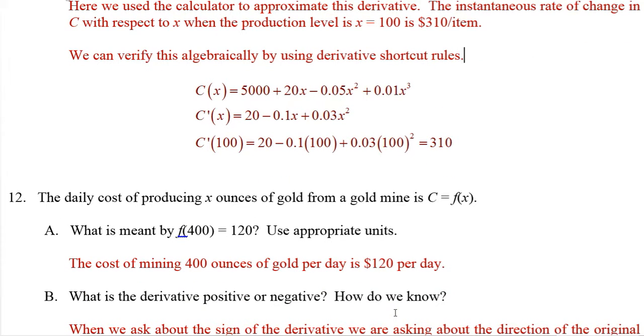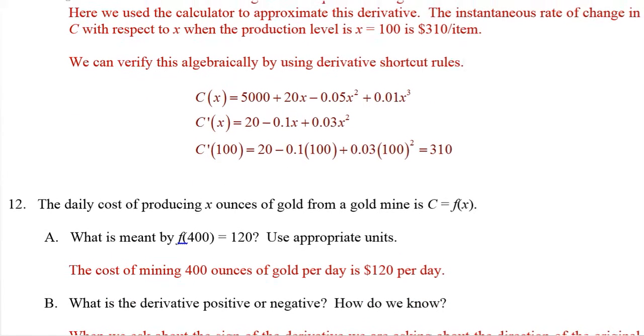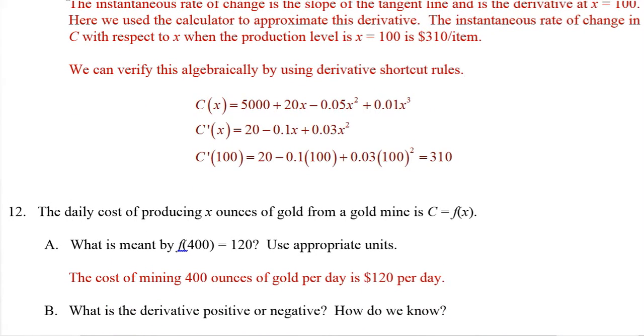Is the derivative positive or negative? How do we know? Anytime we ask about whether the derivative is positive or negative, we're asking about whether the original function is increasing or decreasing. Well, anytime we talk about increasing or decreasing, we always increase the input. That is, we go left or right on the graph. The question is, does the y, or output, or in this case the C, go up or down?